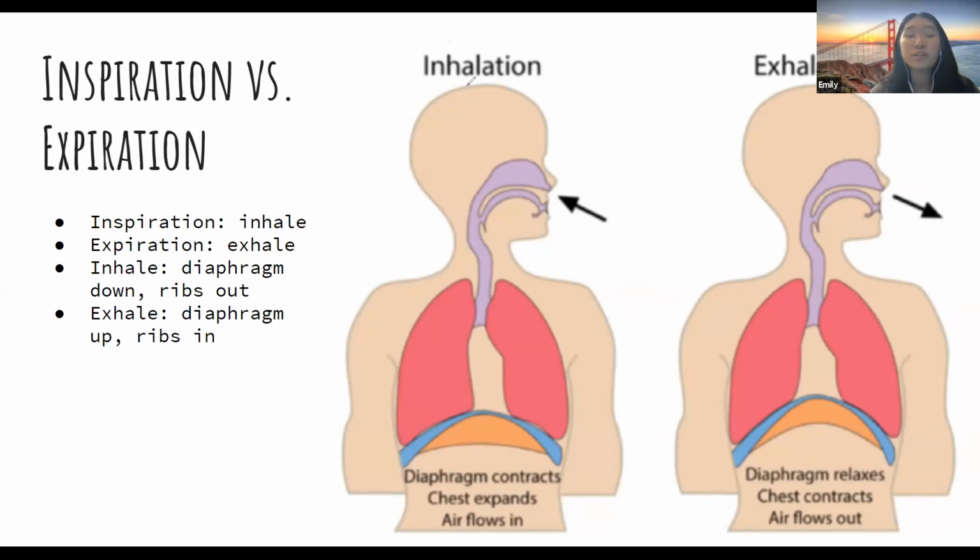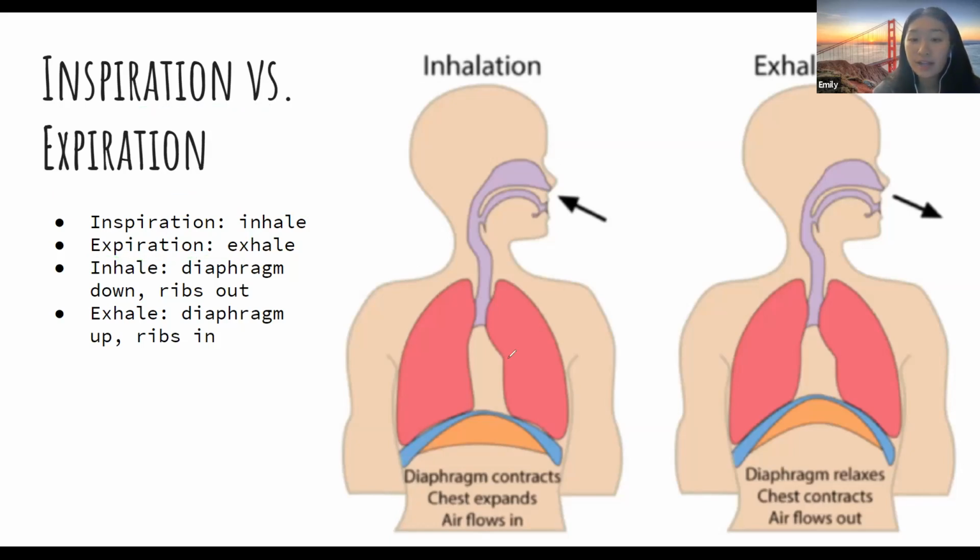When you breathe, you are moving your lungs and the muscles around your lungs, your rib cage. So this is a process of inspiration and expiration. Inspiration is just a fancy word for inhaling, and expiration is just a fancy word for exhaling. So inhale, inspiration, exhale, expiration. Simple enough. They sound very similar.